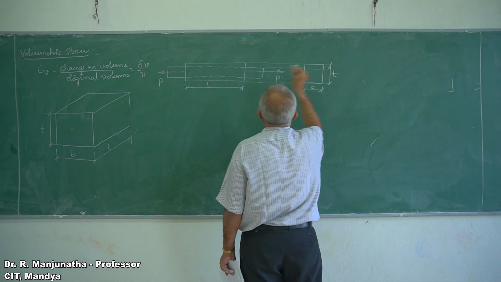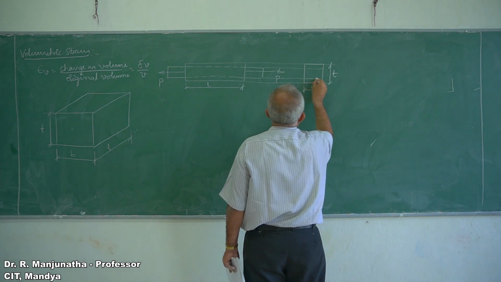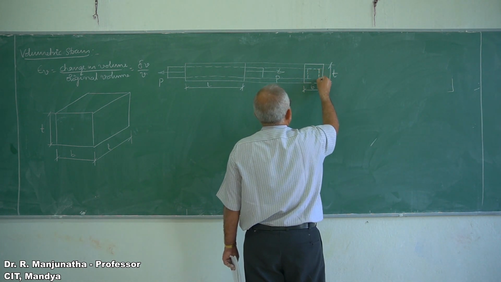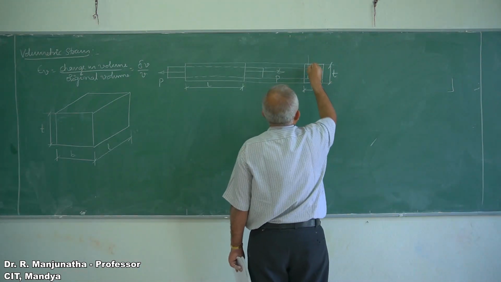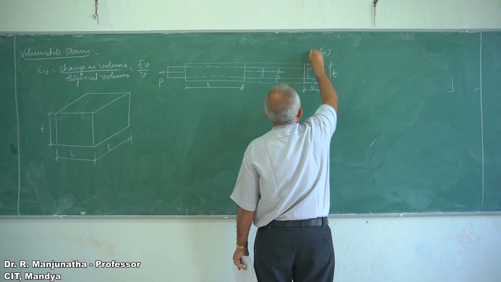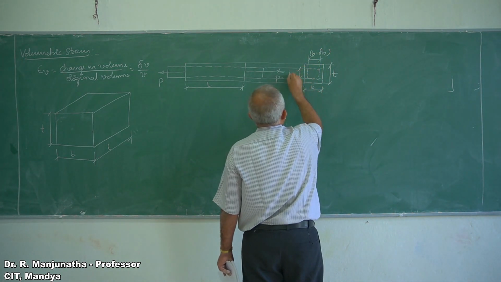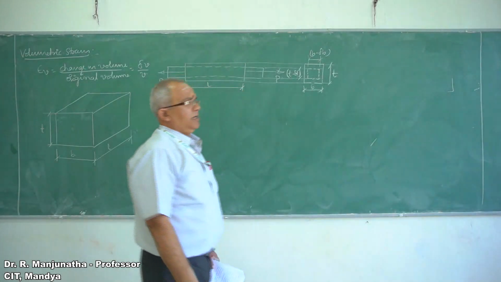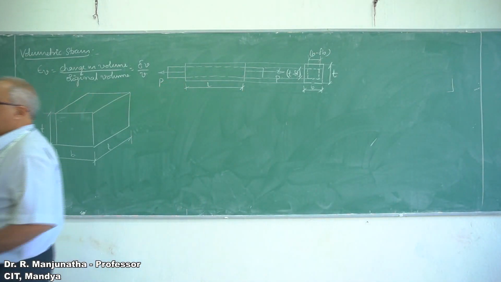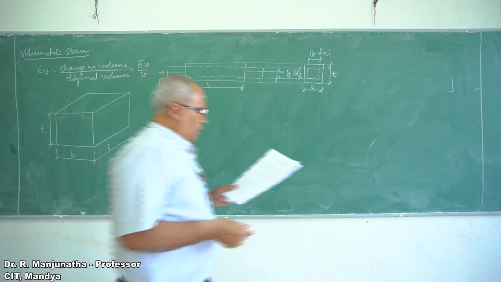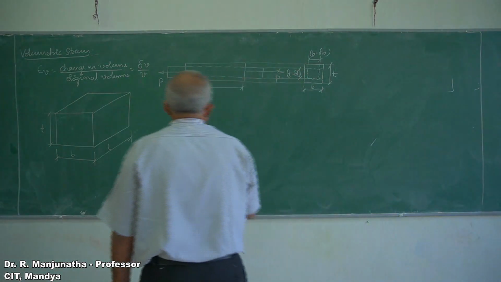So we have B minus delta B, and in this case T minus delta T. This is the cross section we get when the member is applied with the tensile load. Now first we will consider the original volume.